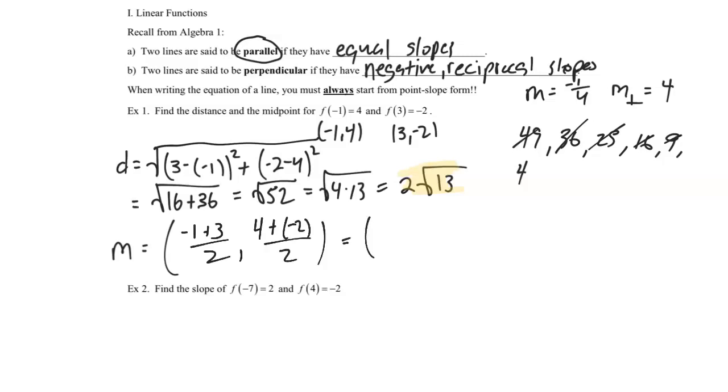Then just simplify. Negative 1 plus 3 is 2, divided by 2 is 1. And 4 plus negative 2 is also 2, divided by 2 also gives you 1. So there is our midpoint of those 2 points, negative 1, 4, and 3, negative 2.